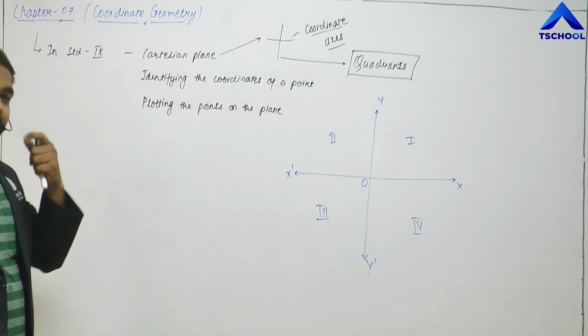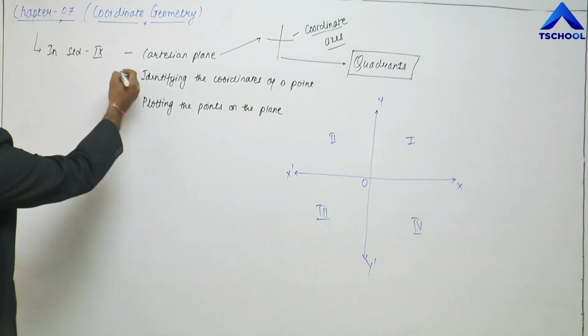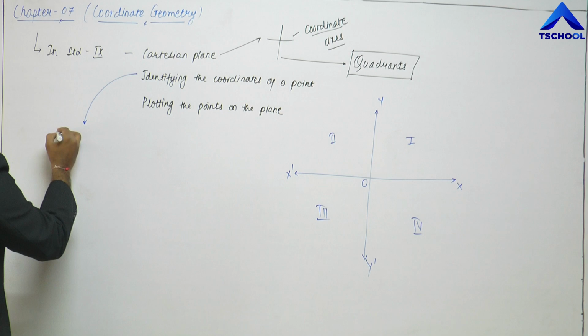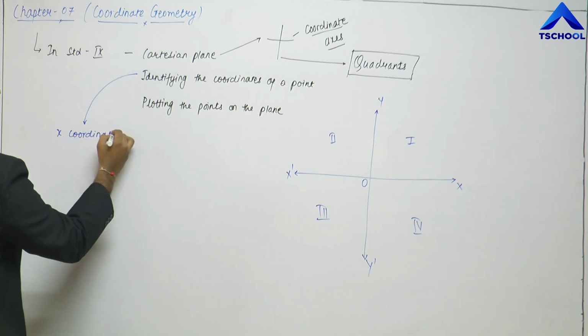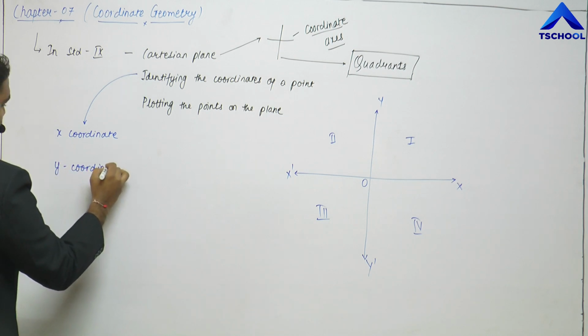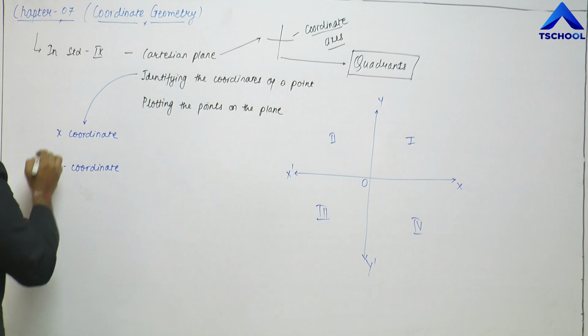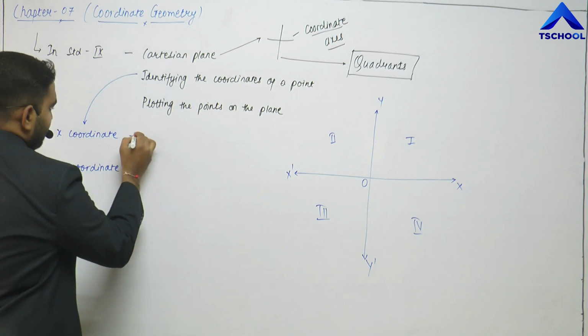Then identifying the coordinates of a point. That means identifying the x coordinate and y coordinate of a point, right? The first one was the x coordinate and the second one was the y coordinate. So what is basically the x coordinate?